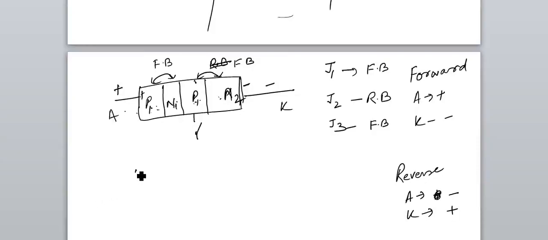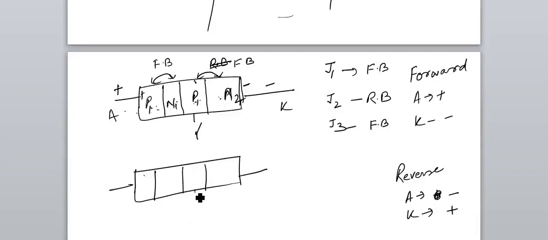So when you do this, what happens for our PN junction? Again, I am opening the gate, not closing it. So this is negative, this is positive, for P1, N1, P2, N2. Now N2 has the positive and P1 has the negative.